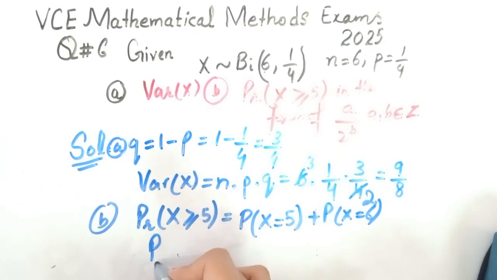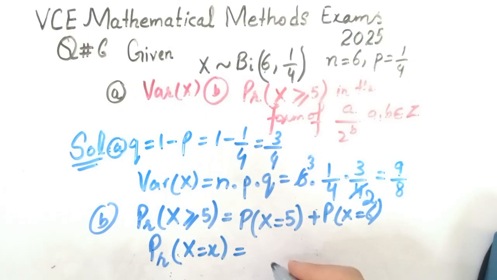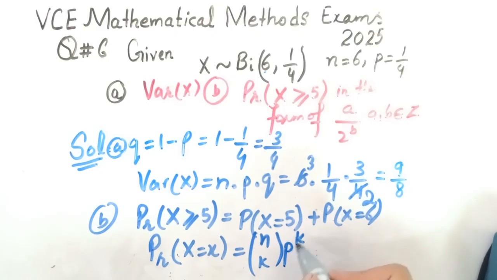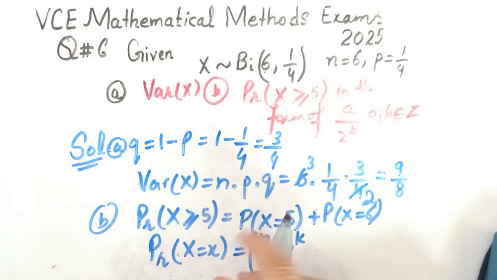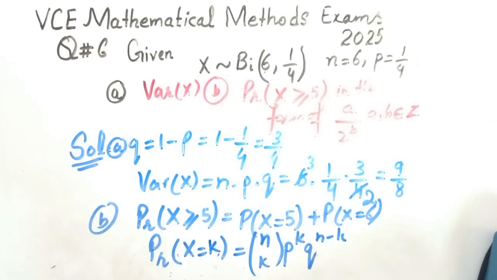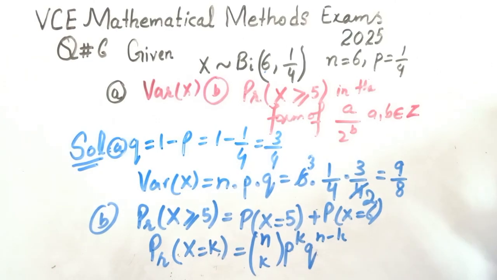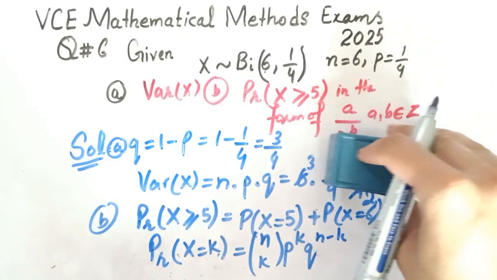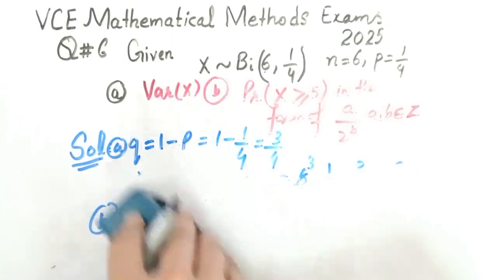And the formula for binomial probability is n choose k, p raised to power k, and q raised to power n minus k, where we represent the number of successes by k. This is the formula.